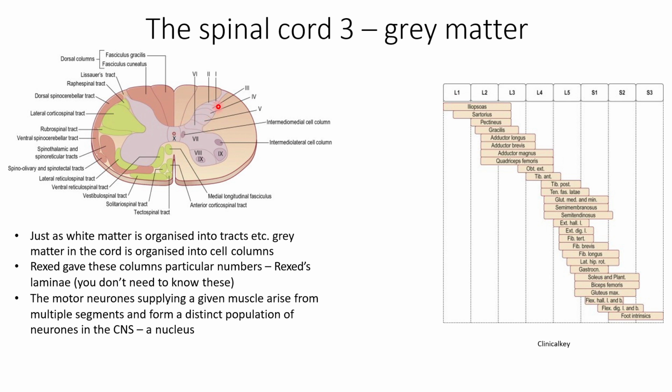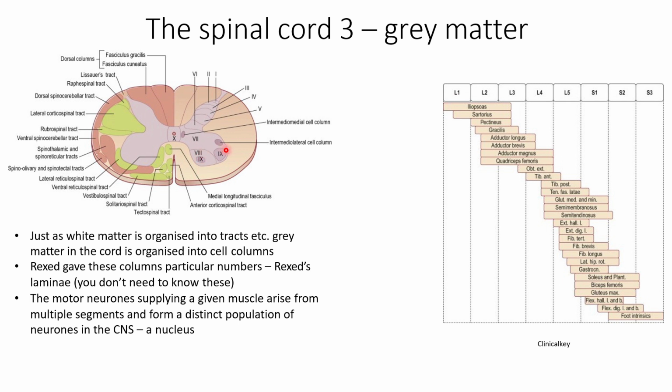What Rexed was able to do was to look microscopically at the grey matter of the spinal cord and to identify that there were histological differences between the organisation of the cells within these different regions. And because function follows from structure, we then learnt that these different Rexed's laminae corresponded to different given functions.